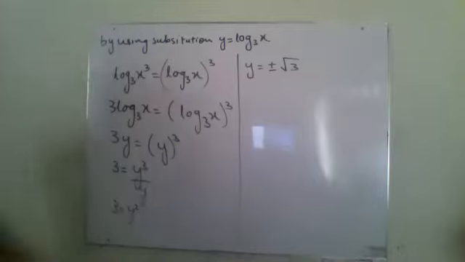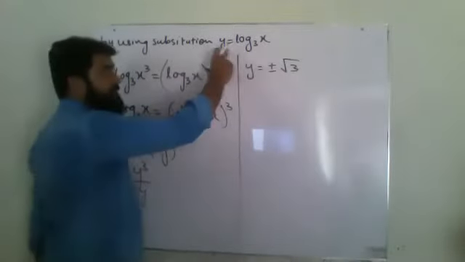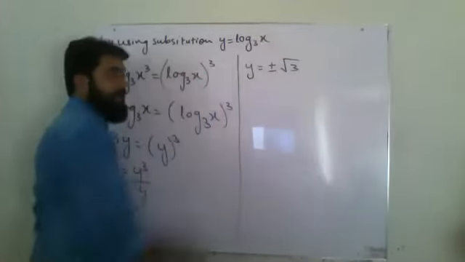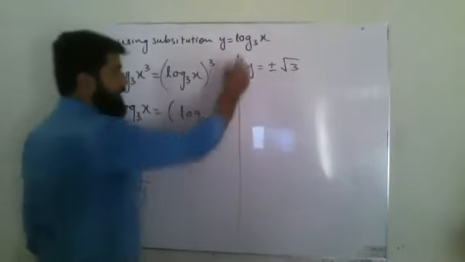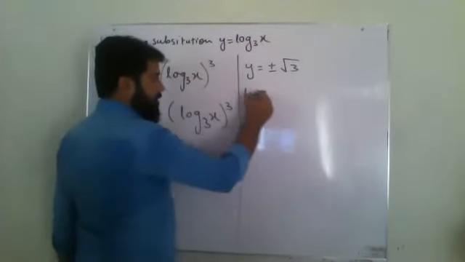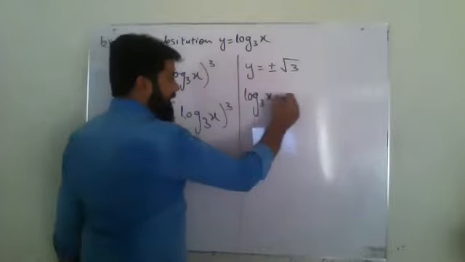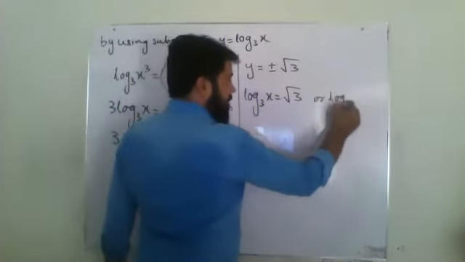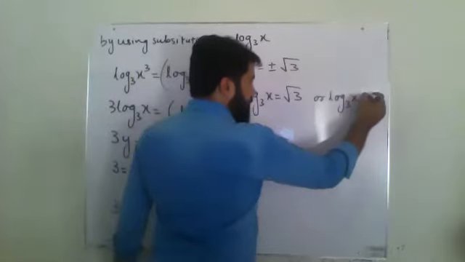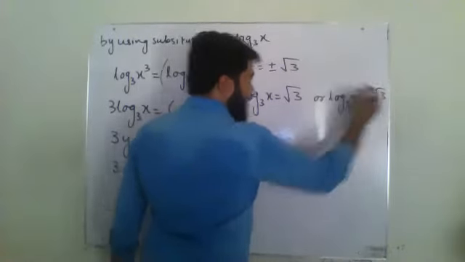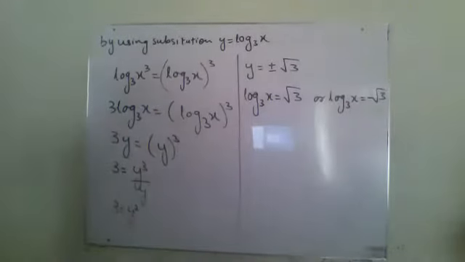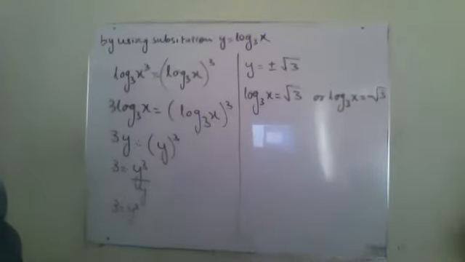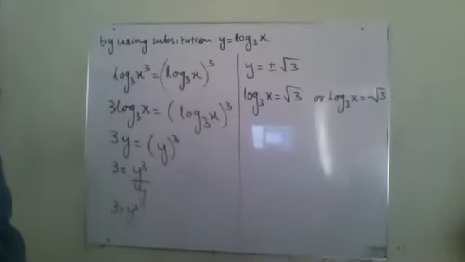Now, what was y? y was log base 3 of x. So I am writing it over here. Log 3x equals under root 3 or log 3x equals minus under root 3. Now what I have to do? I have to check it again.